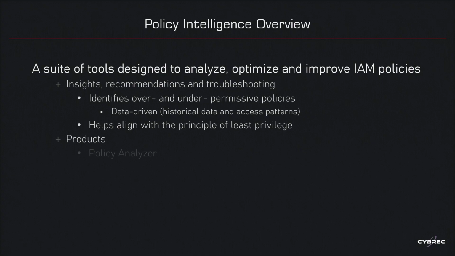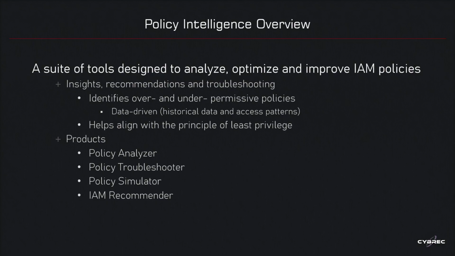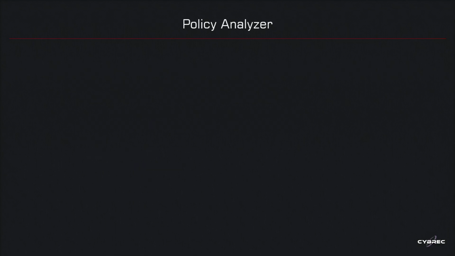Policy Intelligence is made up of four main products. We've got Policy Analyzer, Policy Troubleshooter, there is also Policy Simulator, and IAM Recommender. In this session, we will take a look at the first two of these products, Policy Analyzer and Policy Troubleshooter.